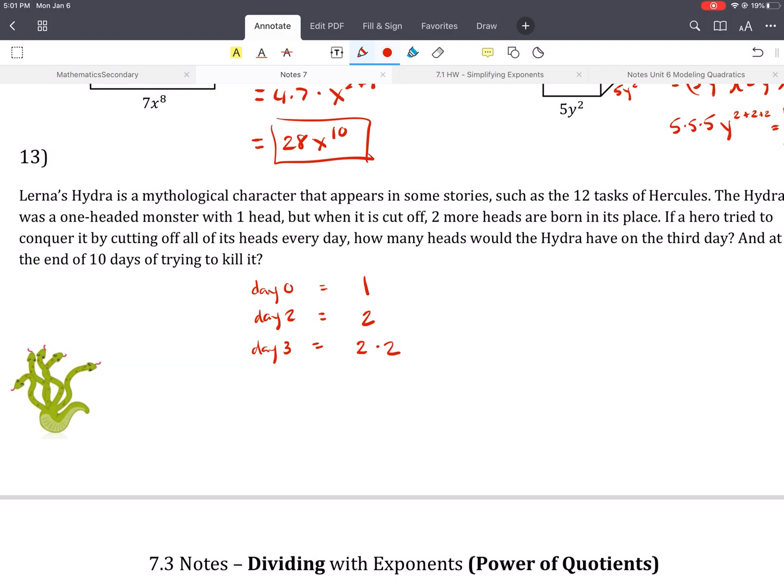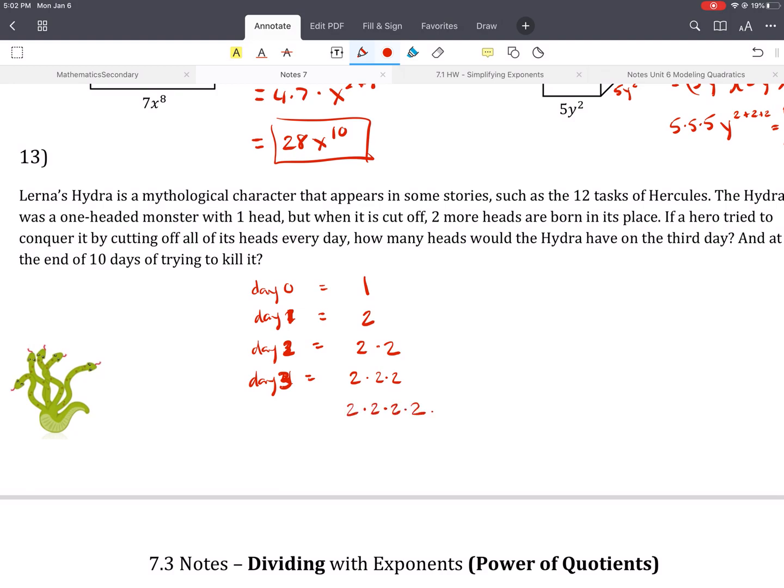So it doubles every day. So day 3, or day 4, would have, or I skipped day 1, my bad. Gosh, I'm having a hard time with this. Okay, 2 times 2, okay? Day 3, he cuts all their heads off and they double again.